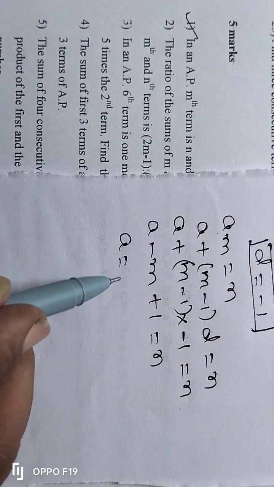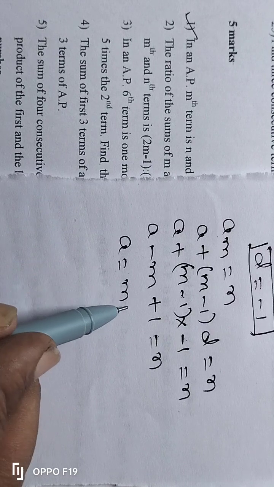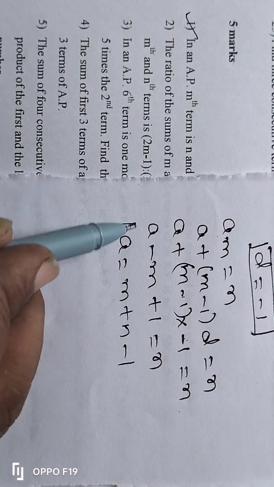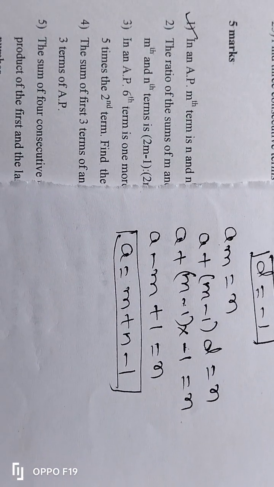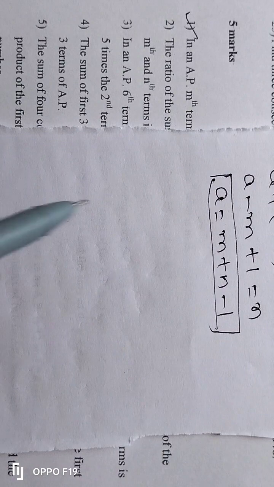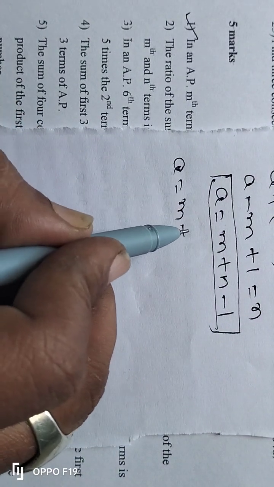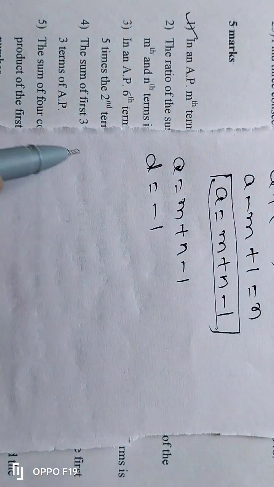Now a is equal to, if we shift minus m, it becomes plus m, and plus n, and plus 1 becomes minus 1. So a is equal to m plus n minus 1. Then after getting a and d, make a list: a is equal to m plus n minus 1, d is equal to minus 1.